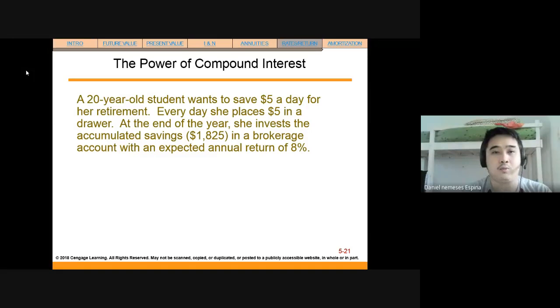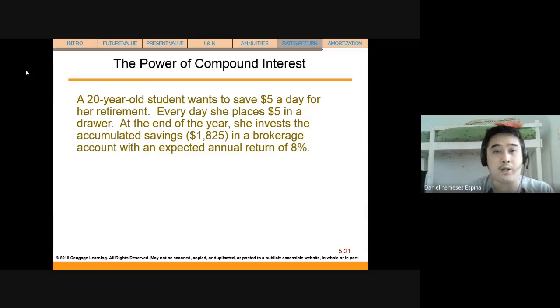Some would find this funny because she's only 20 but already thinking of retirement. But I tell you, the earlier you start for your retirement, the better. Ideally, the best time to prepare is when you start earning.